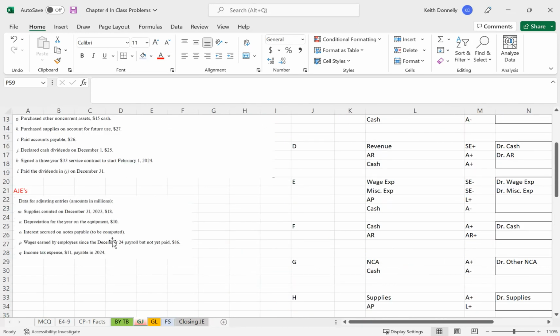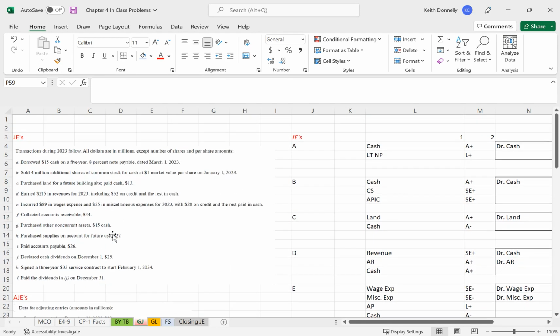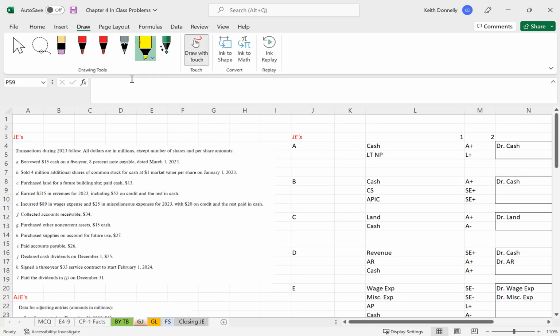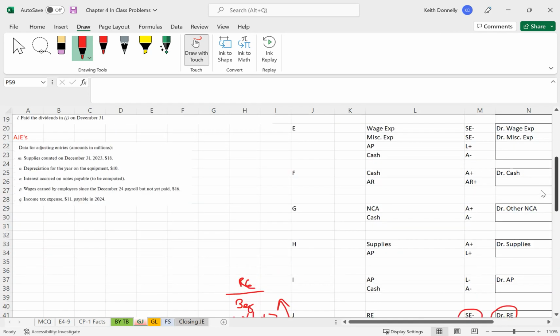Let's look at O. Interest accrued on the note payable, which we've got to compute. So what they're referring to here is this note from up here, this note payable from March 1st. It's 8%. We borrowed 15 million. On March 1st, we bought it.